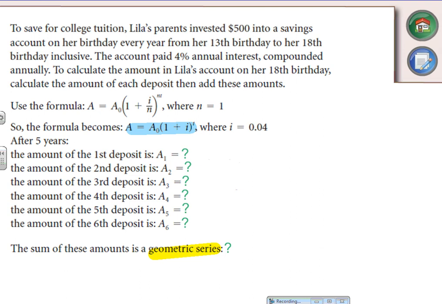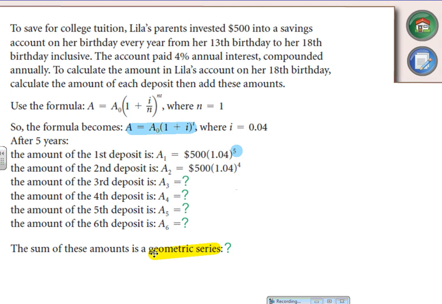The first deposit at 13 years, on her birthday, she gets $500 put in. That $500 is going to compound for 5 years. Now on her 14th birthday, this is the second deposit. It's only going to be able to compound for 4 years.